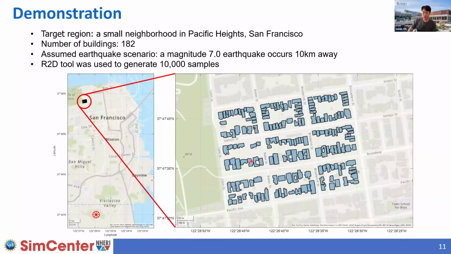No, the results from the R2D tool do contain correlation between the collapse events. They didn't use correlation between the capacity of each building, but they did use the correlation between the ground motions, which leads to correlation between the final responses of structures.